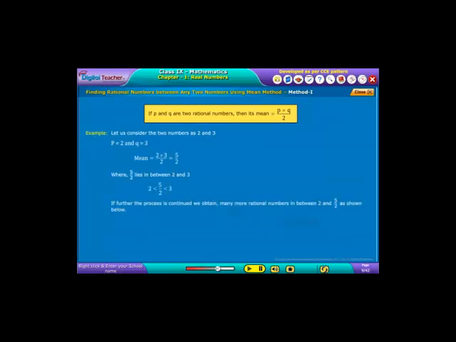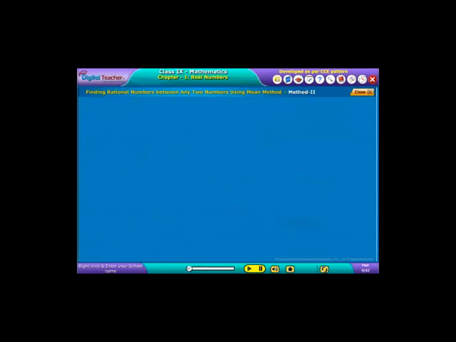If further the process is continued, we obtain many more rational numbers in between 2 and 5 by 2 as shown below, where 2 is less than 9 by 4, less than 5 by 2, less than 3. Method 2. Let us consider the same numbers used in method 1.